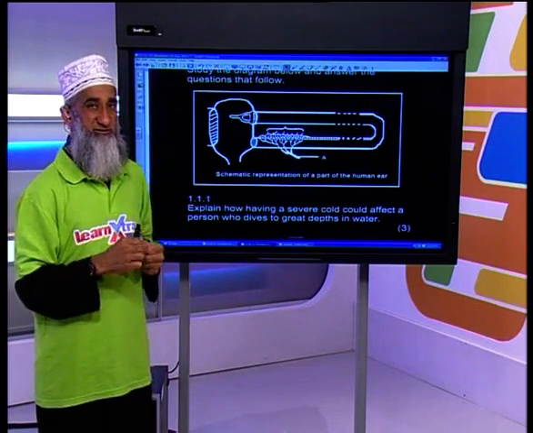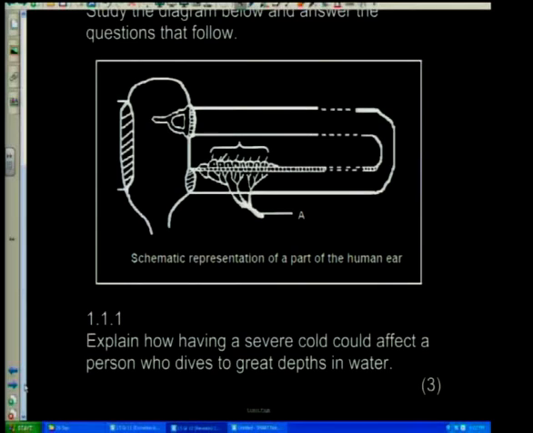Here we're stretching those canals out longitudinally. There's the vestibular canal, this one here would be the tympanic canal, and this would be the middle canal.